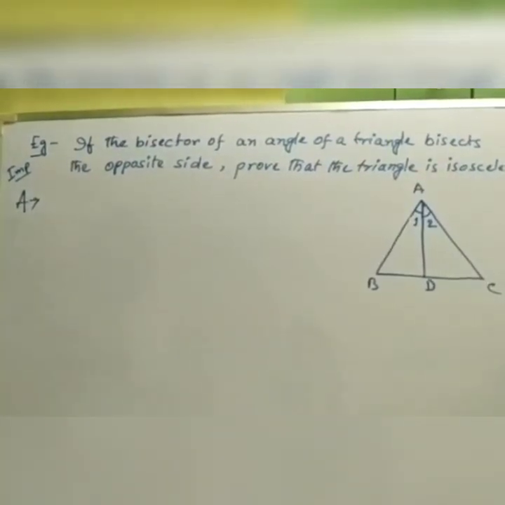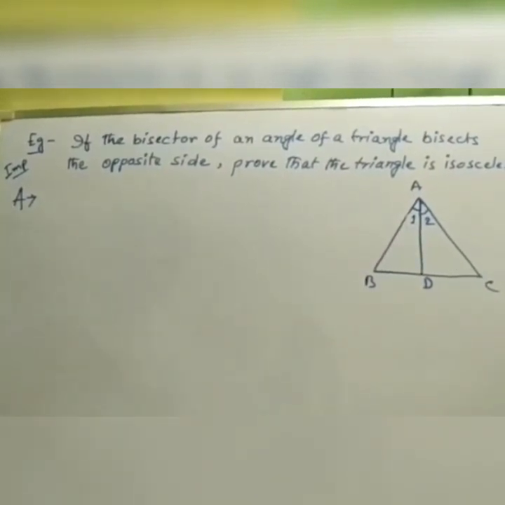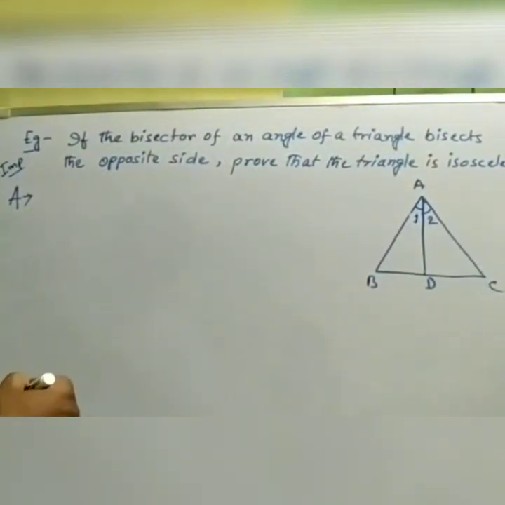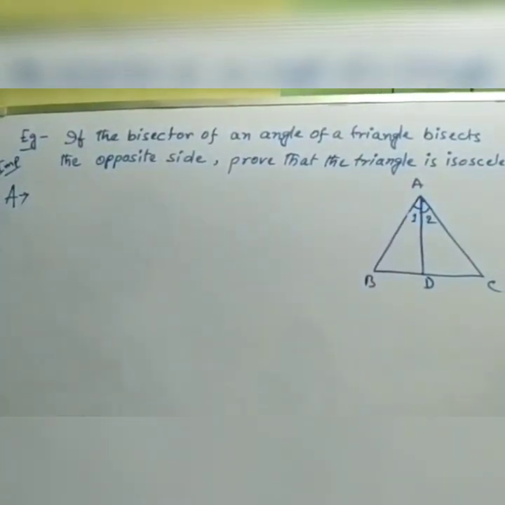You can see the figure: ABC is a triangle and AD is the bisector of the vertical angle, angle A. So angle 1 and angle 2 will be equal.